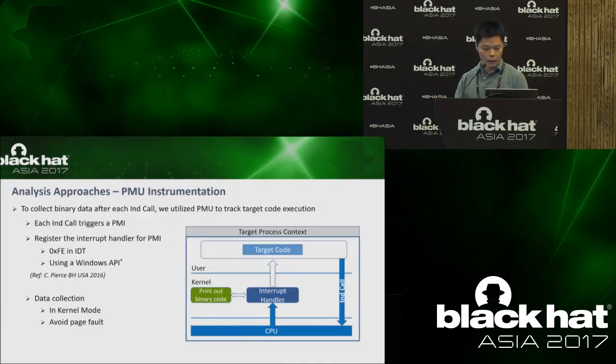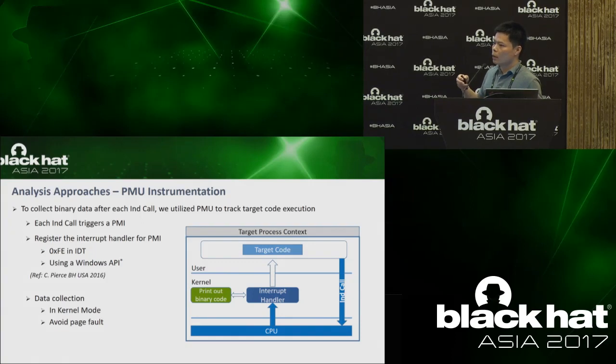We developed this framework to collect useful information that can help us look for those memory-based indirect calls with a writable function pointer. By programming a set of model-specific registers, each indirect call in the target code would trigger a PMI, a performance monitoring interrupt.